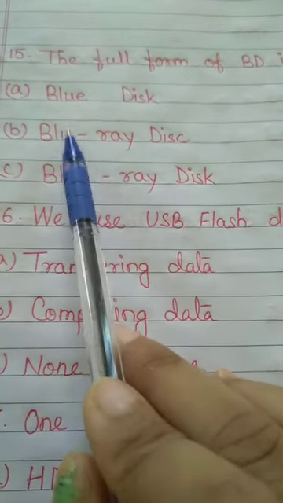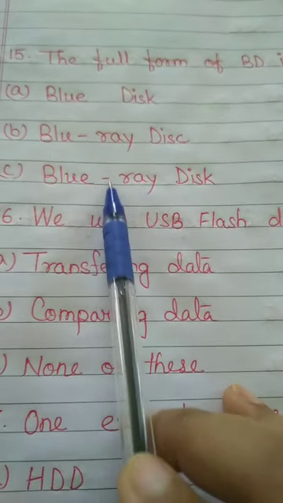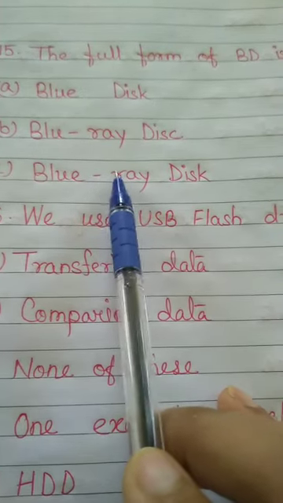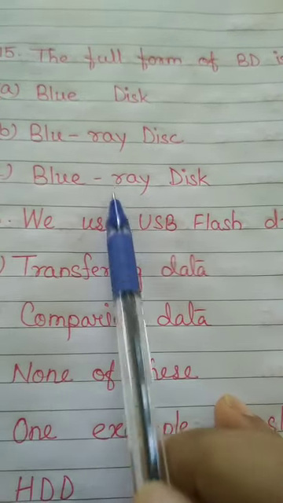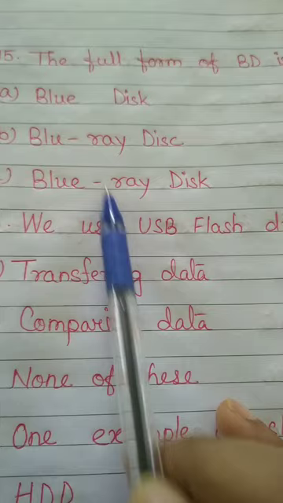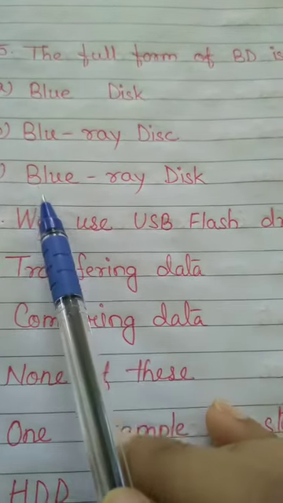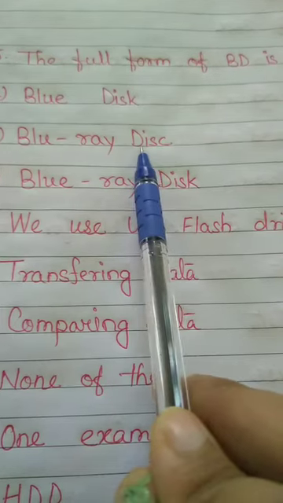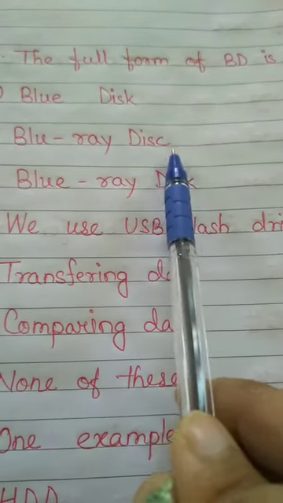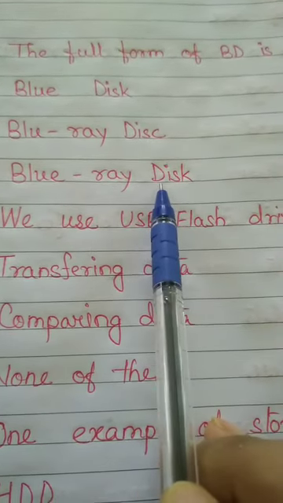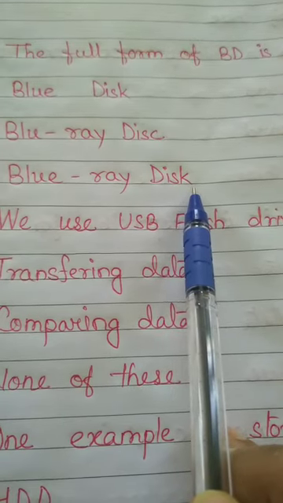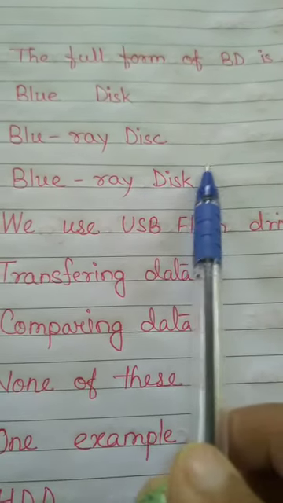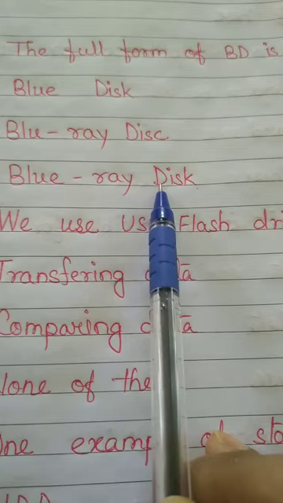Option B and C are similar, but there is a difference in the spelling. Can you see that? Yes, BLU, and here it is given BLUE, and here it is given DISC disc, and here it is given DISK, but pronunciation are same.